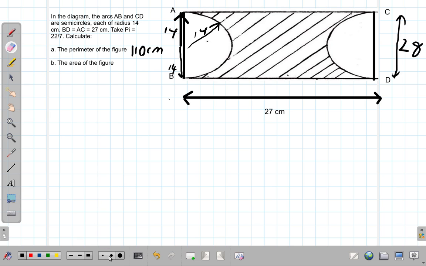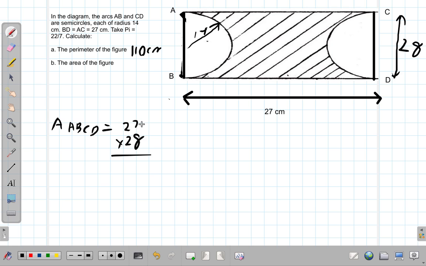It's less crowded over there. Alright, so let's get the 14 out of the way. Now, we're imagining that we didn't cut the circles out. What we would have is the area of the rectangle. Let me just write the A, B, C, D thing. The area of A, B, C, D would be 27 by 28.